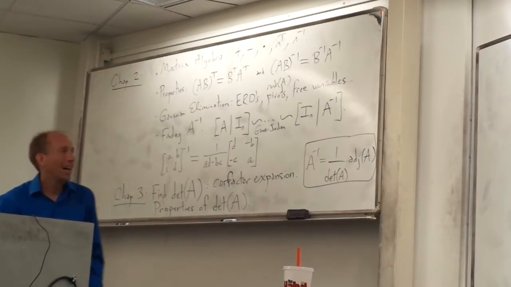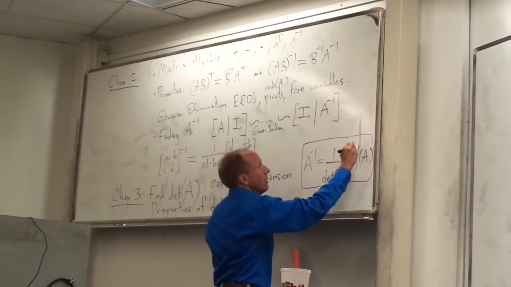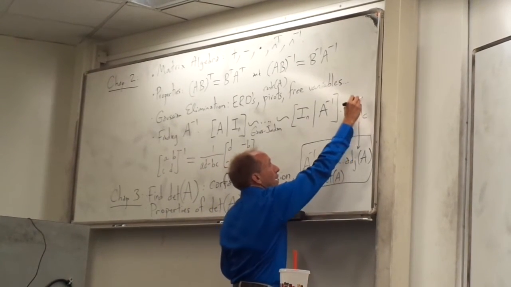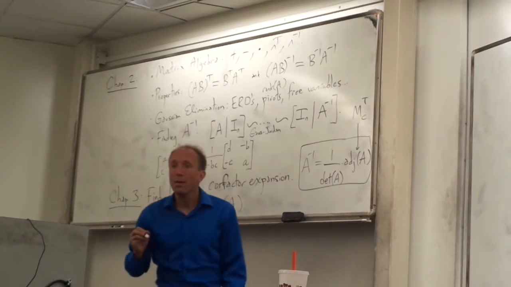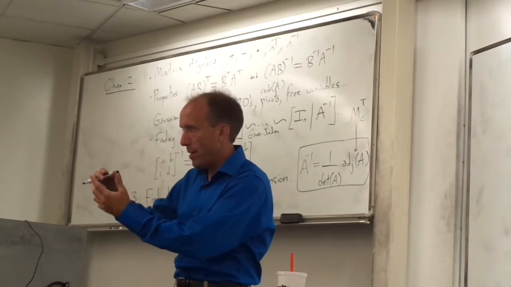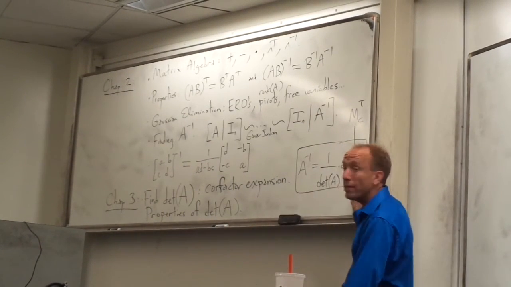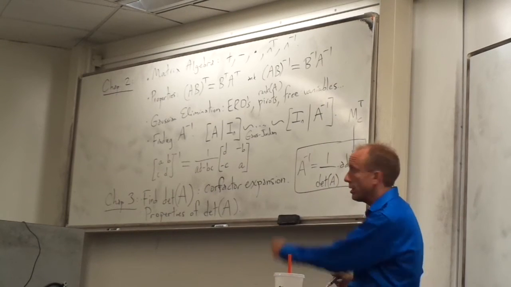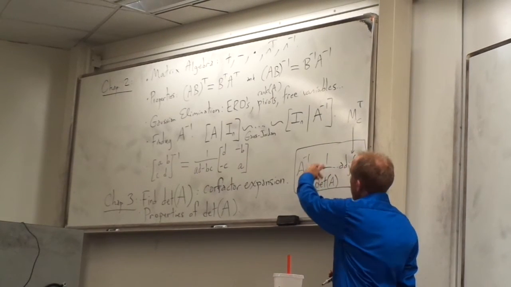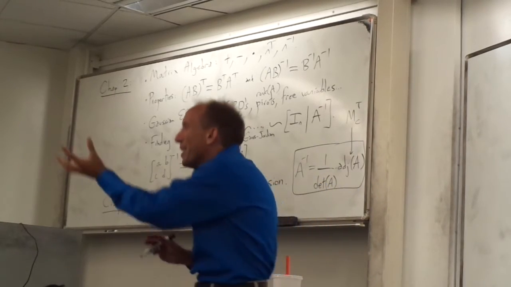All right. So the adjoint, remember, is just the matrix of cofactors transposed. So you go through, you find the matrix of cofactors, and then you transpose that matrix. That's the adjoint, and then you divide by the determinant. This is a good method for finding A inverse because the fractions that might show up in the inverse are factored out, right?